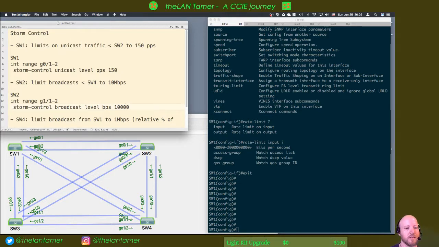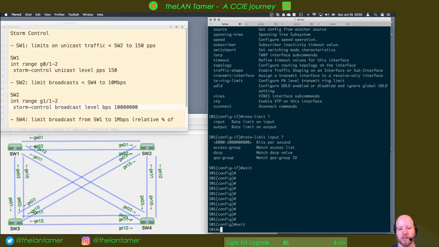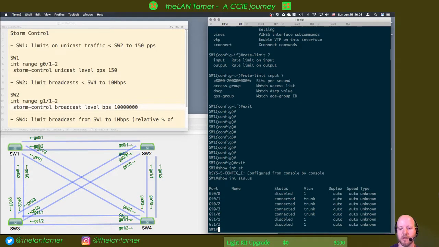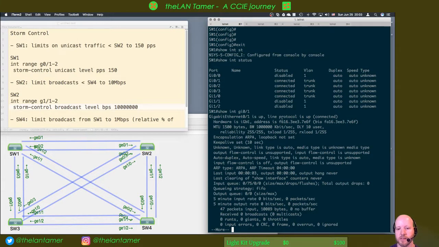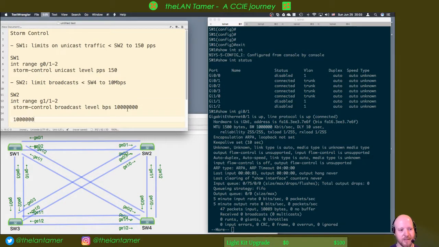All right, 1 bit, 10 bits, 100 bits, 1 kilobit. That's right, 1 kilobit, 1 megabit, 10 megabits. And compare this if I do show interface Gi0/1, we know it's a gigabit. What's the bandwidth? That's this many kilobits, so we have to add 3.